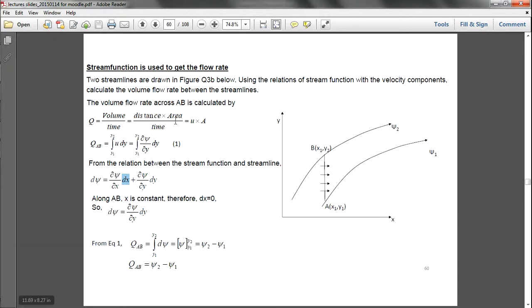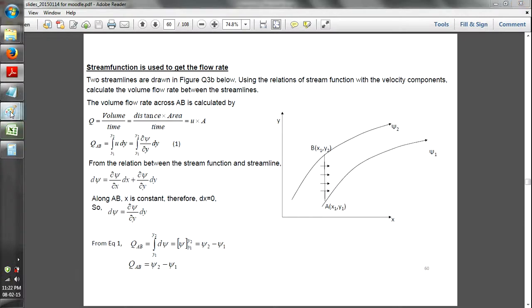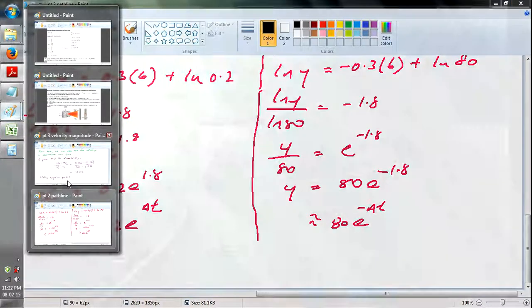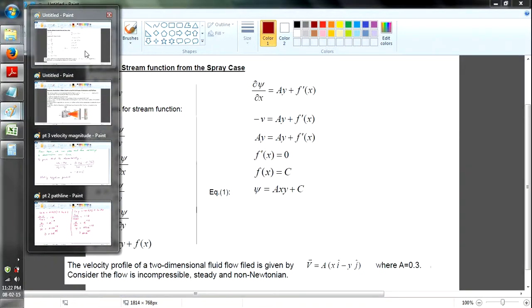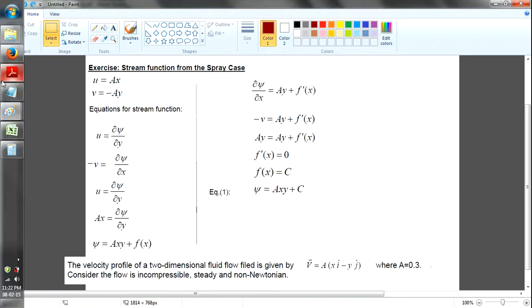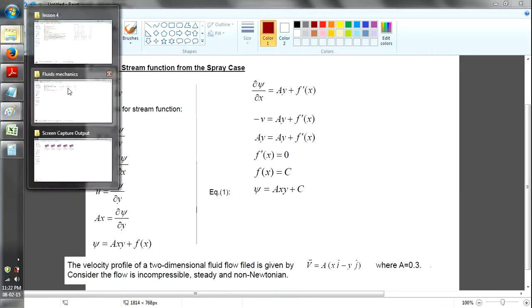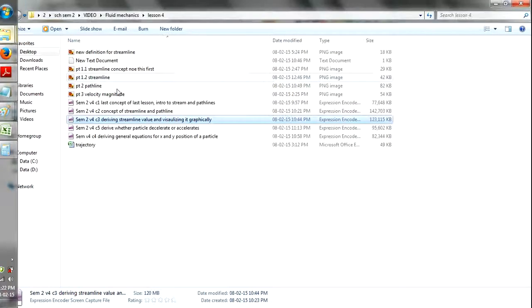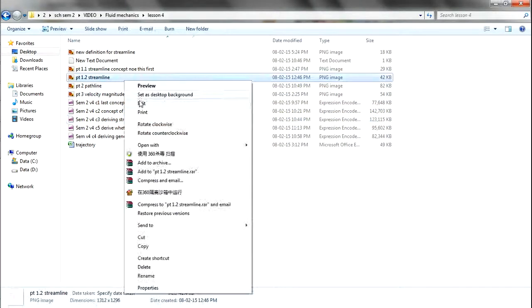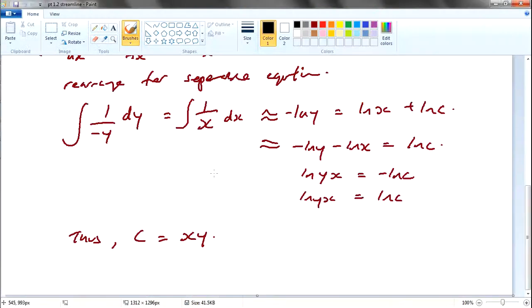So the difference between the flow rate from xi1 to xi2, where xi is actually the equation for the streamline. If you take back the analogy, it is the equation c equals xy. If you remember my equation back then, it is c equals xy over here.